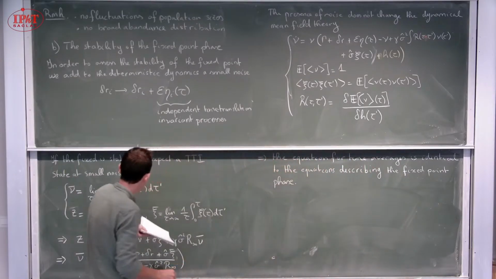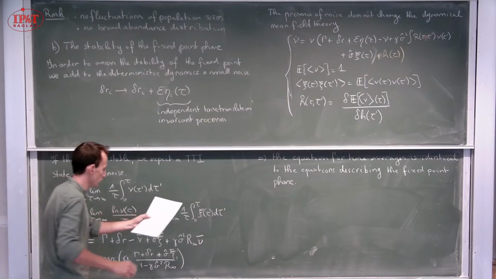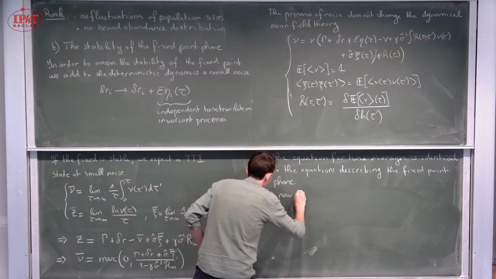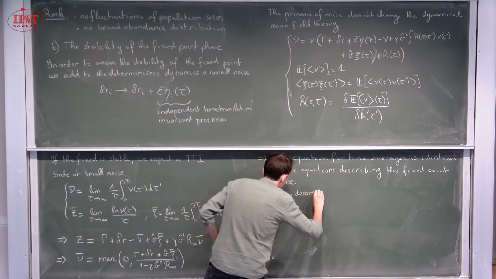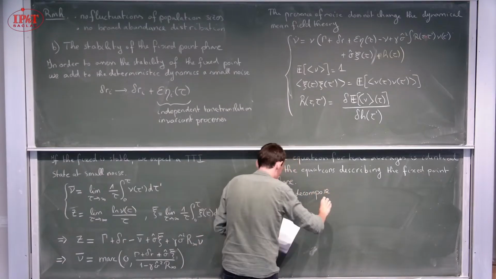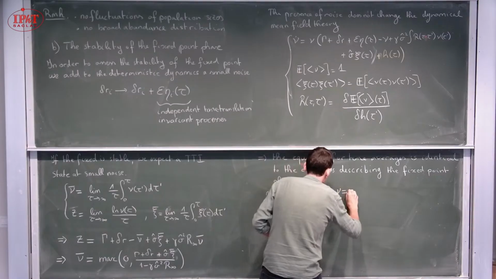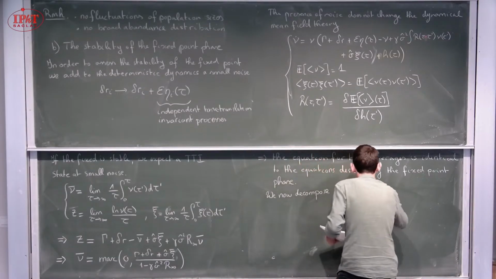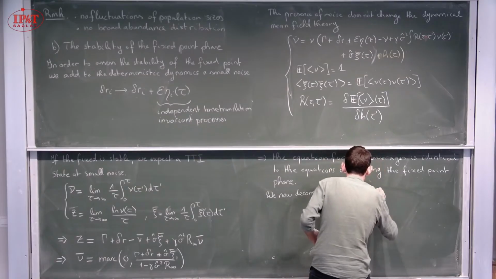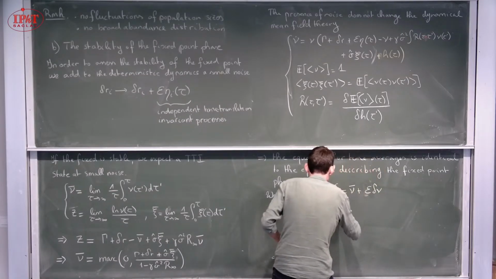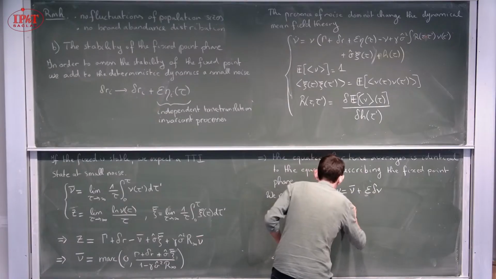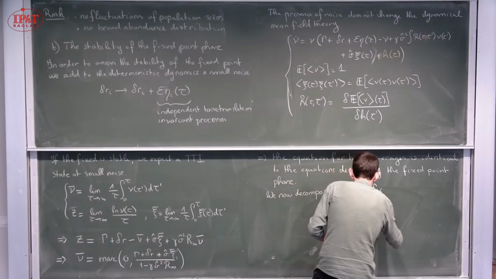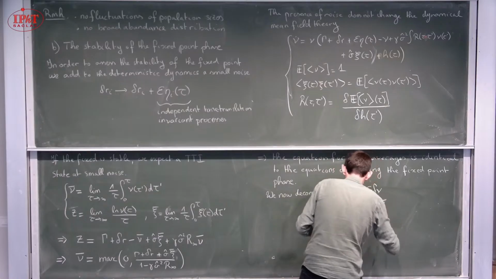And now, I've talked about the time averages, now I want to talk about the fluctuations. So we now decompose nu as nu bar plus epsilon delta nu. You also decompose the noise as psi bar plus epsilon delta psi.